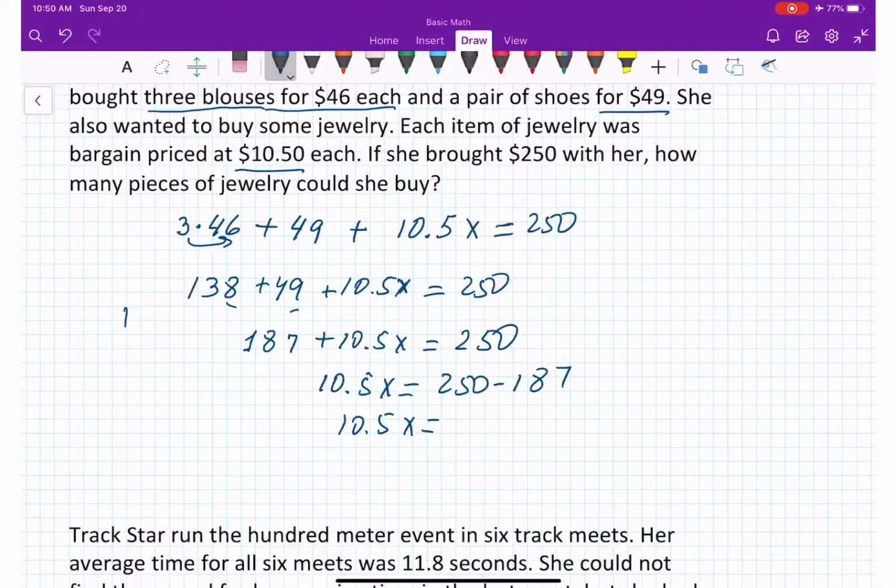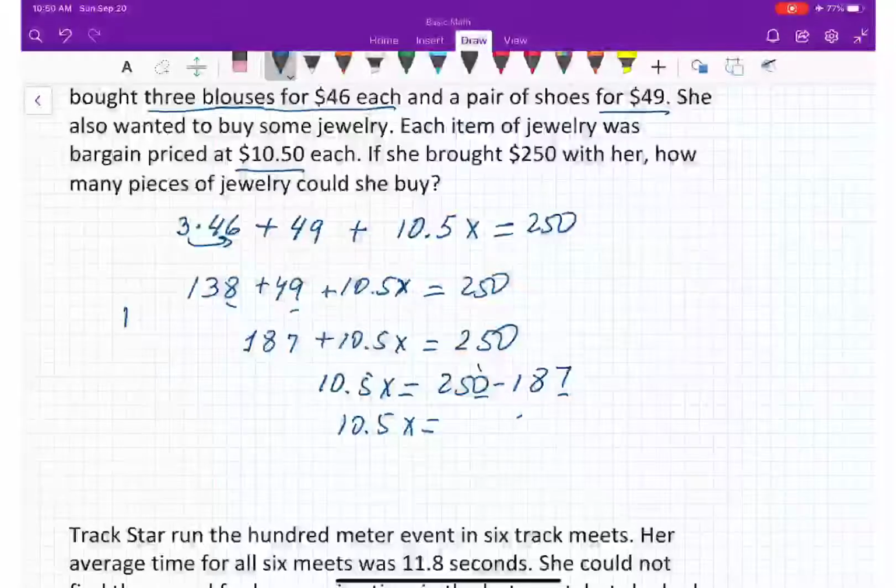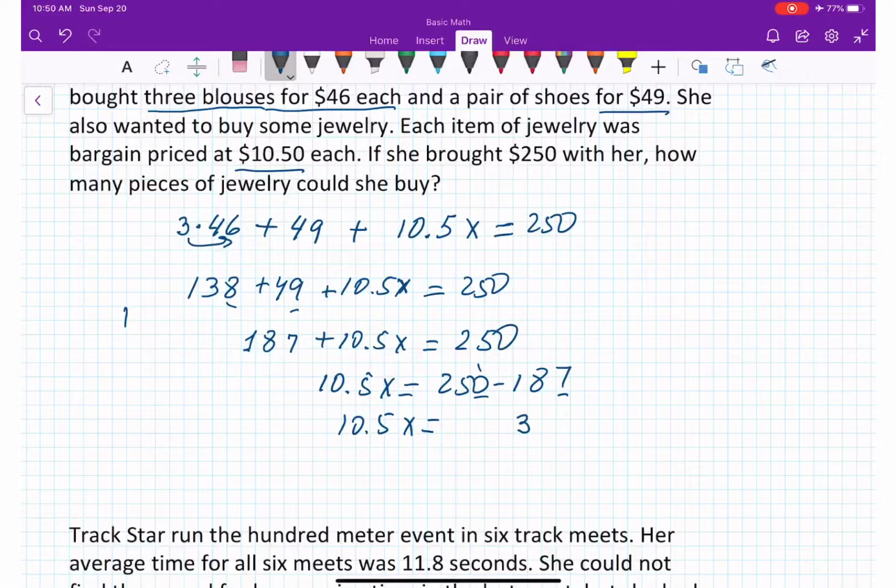So 10 minus 7, it's going to be 3. Here we have left 4. So I'm borrowing, 14 minus 8 is going to be 6. Here is left 1 minus 1. It's 63. Okay, so x is equal to 63. Okay, let's go this way.